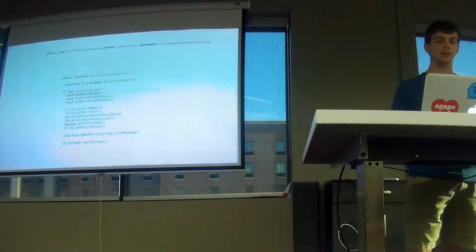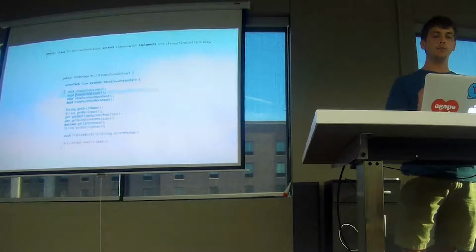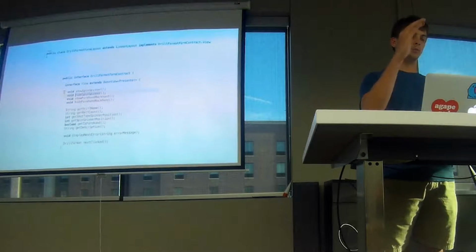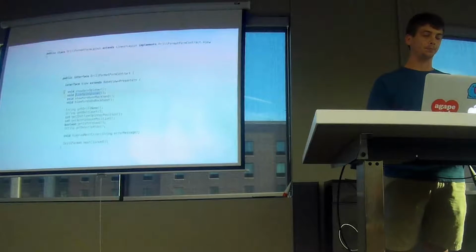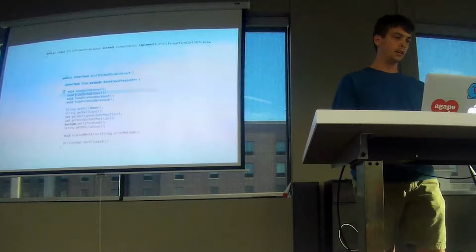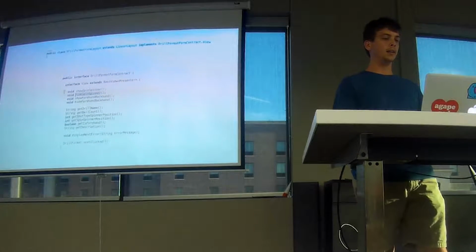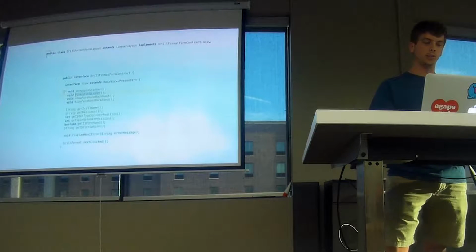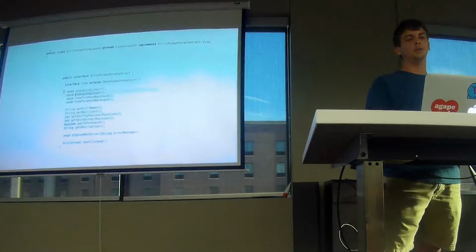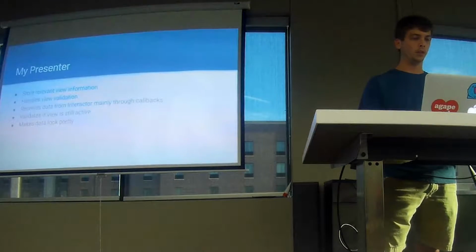There's really no other function outside of that. But then I have a view interface, which implements all my view actions, a lot of hiding and showing. So all the stuff that you would want to act upon a view is here.